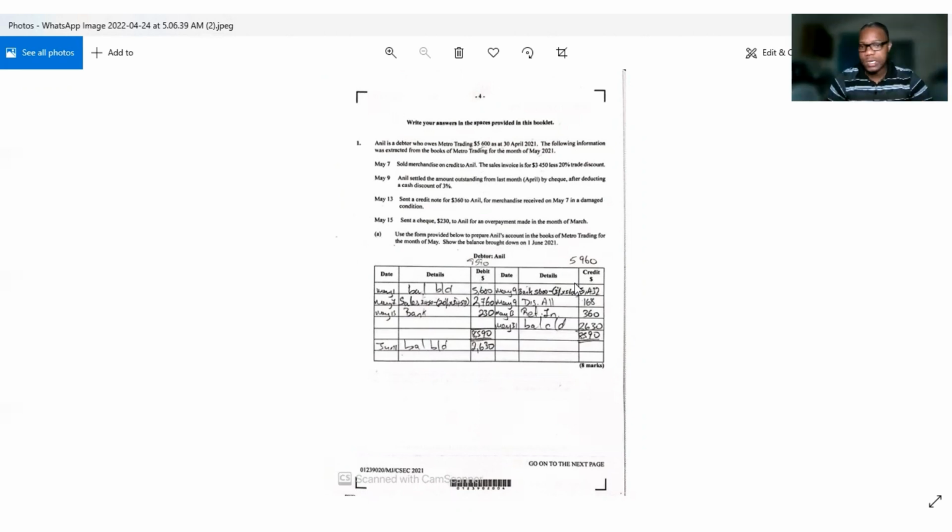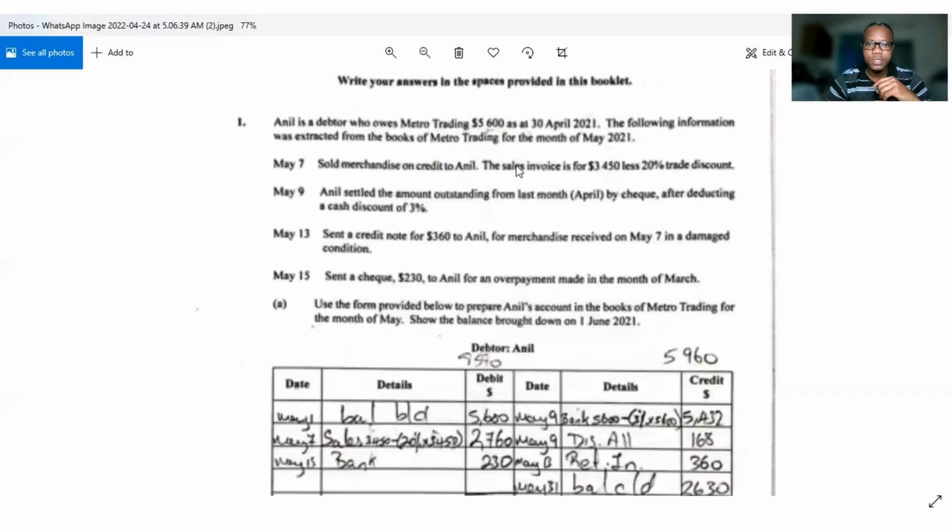So let's look at this question. Question number one says that Anil is a debtor who owes Metro Trading 5,600 as at the 30th of April 2021. The following information was extracted from the books of Metro Trading for the month of May 2021. May 7, sold merchandise; the sales invoice is for 3,450 less 20% trade discount.